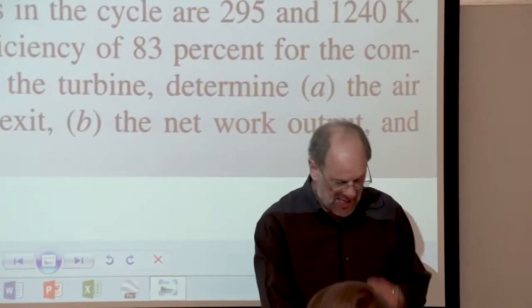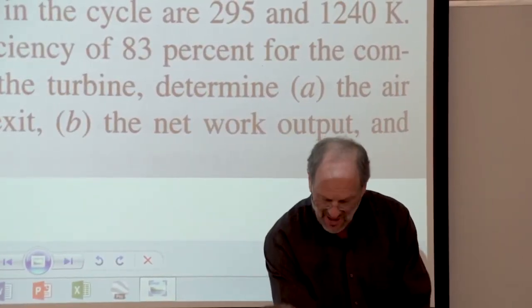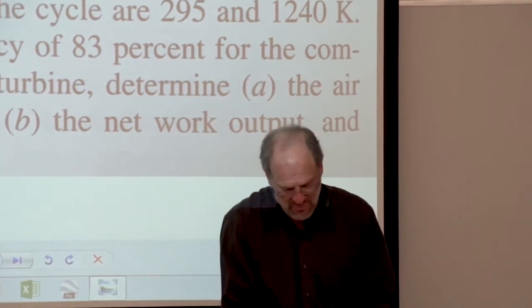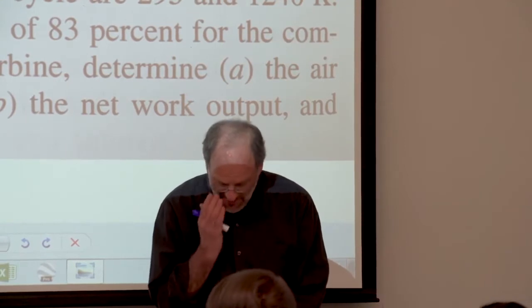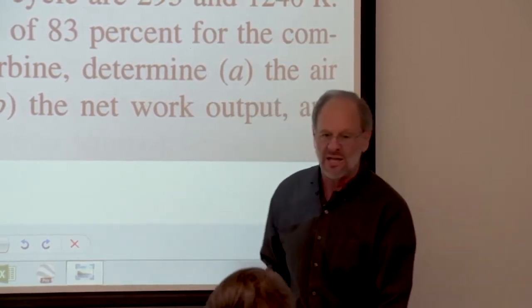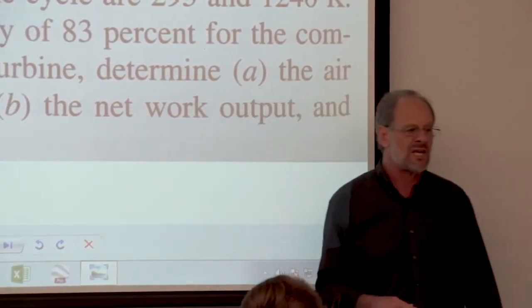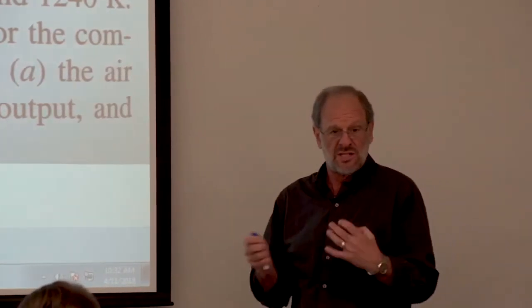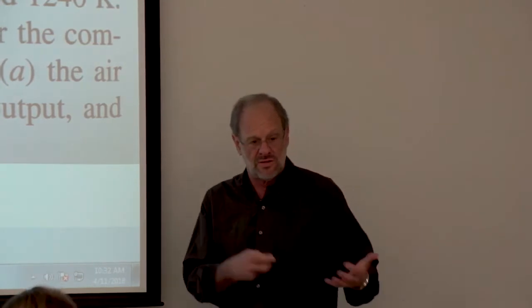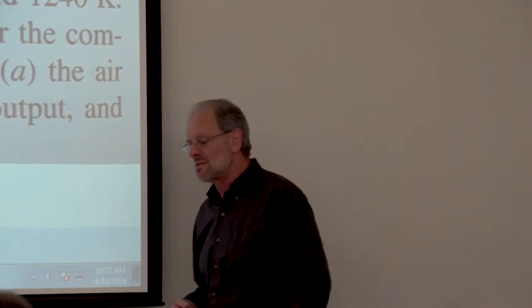So we're now talking about the Brayton cycle, right? And last time really was more of a review, just talking about the general nature of the Brayton cycle. We looked at both the ideal and non-ideal simple Brayton cycle. We looked at the situation where we could use either constant or variable specific heats.